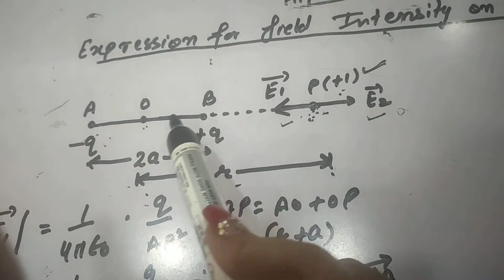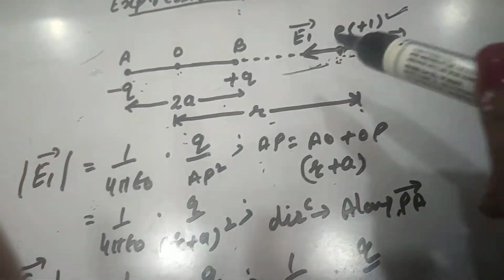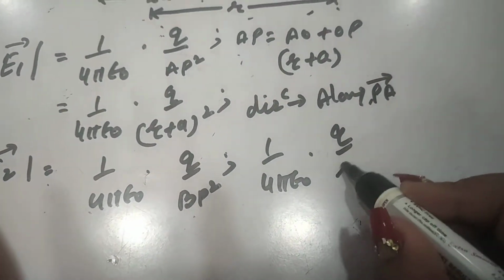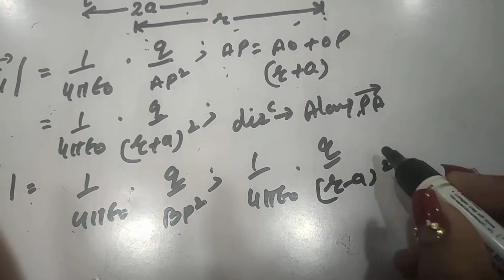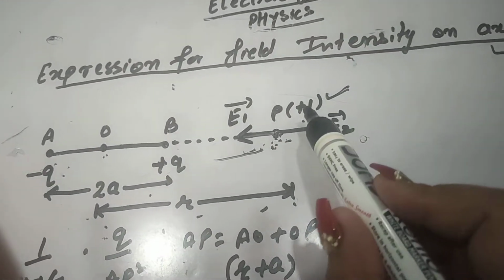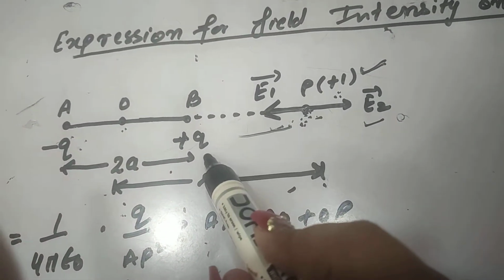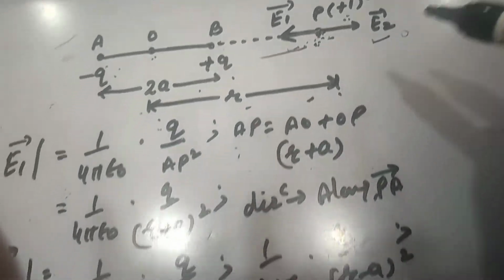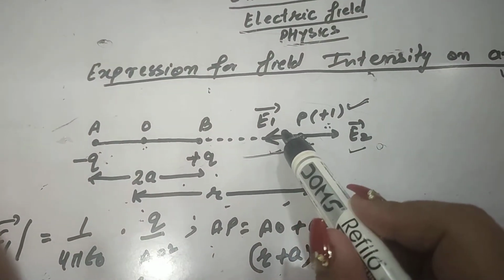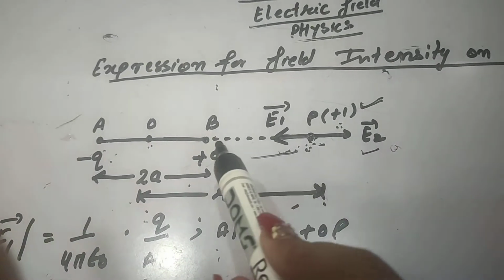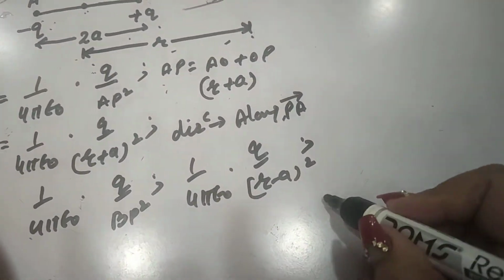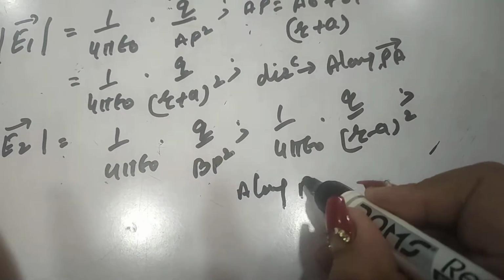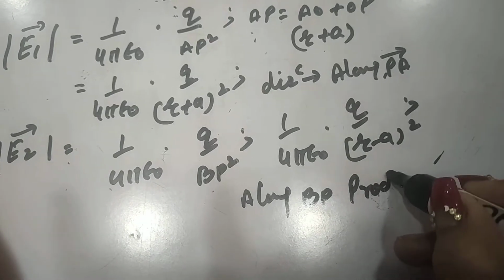So OP is r and OB is a. So this becomes (r minus a) whole square. The direction: since this is a positive charge and this is also a positive charge, it will repel. So the direction of the electric field will be outward. We can write it as along BP produced.